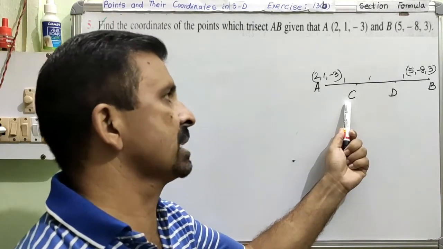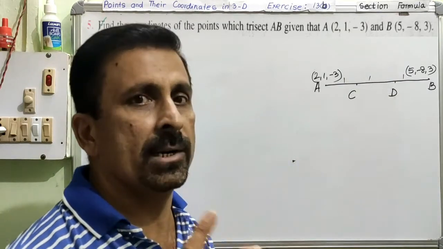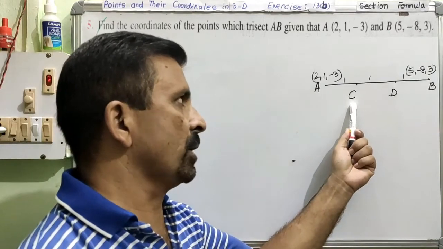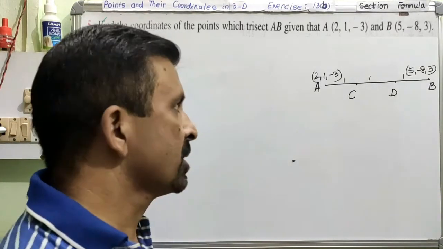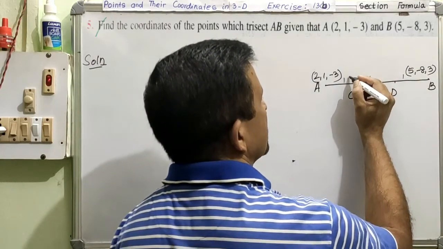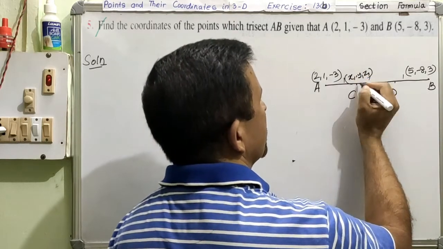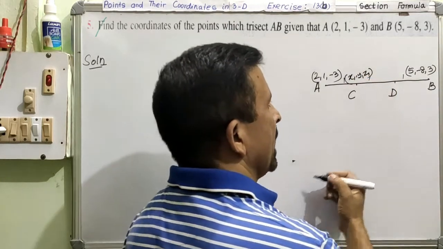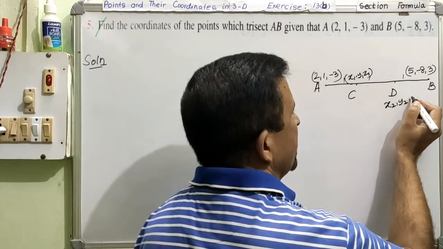Those points which have divided the line into 3 equal parts. So these two are called the points of trisection. So we have to find the coordinate of C and we have to find the coordinate of D. Is it well understood? So first of all, let us assume the coordinate for C. The coordinate for C, we will write this as x1, y1, z1. Clear? This is the coordinate of C. And then the coordinate of D is x2, y2 and z2.